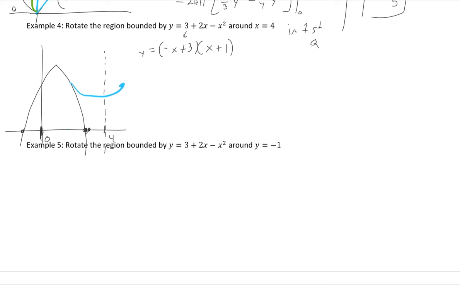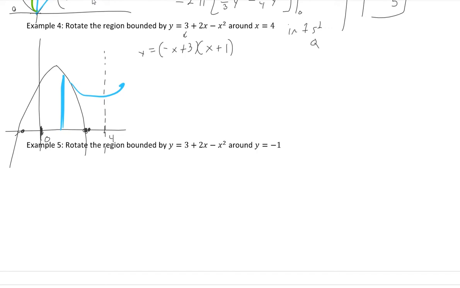However, if I were to try to do this with a disk like this instead, it would be fine for a while up to this point, but then after that I would have a disk defined from the function to itself. That's problematic. You don't want to have that happen, where you go from one function to itself. So that's kind of bad. We're just going to use a cylindrical shell to solve for this.